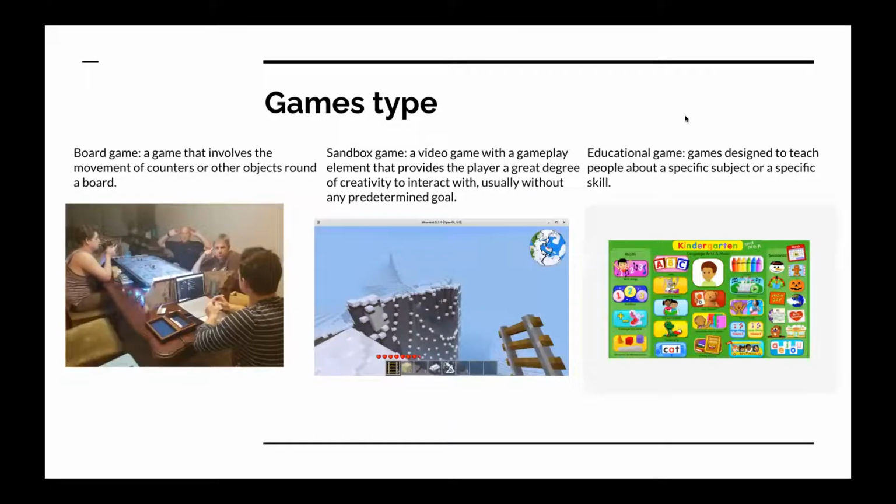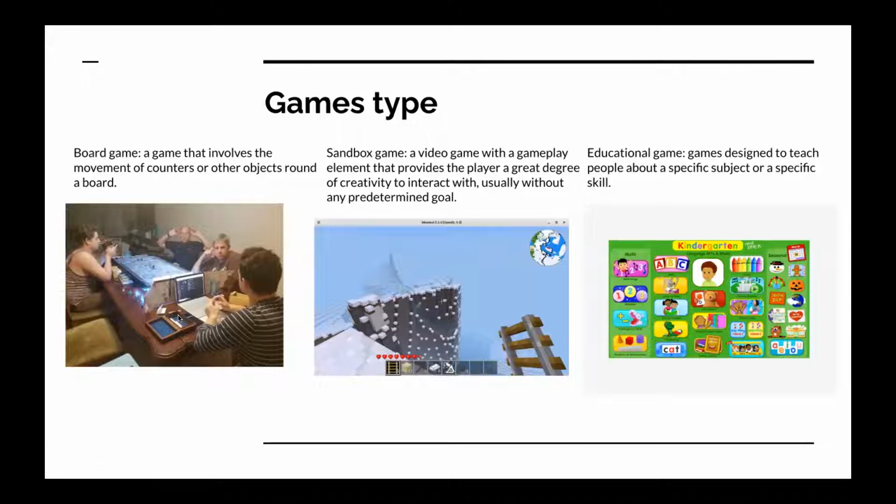Next, it's still game types. On the far left, we have board games, which are obviously games that are not on devices. Board games involve the movement of counters or objects around a board, or can just be games played on boards or tables.